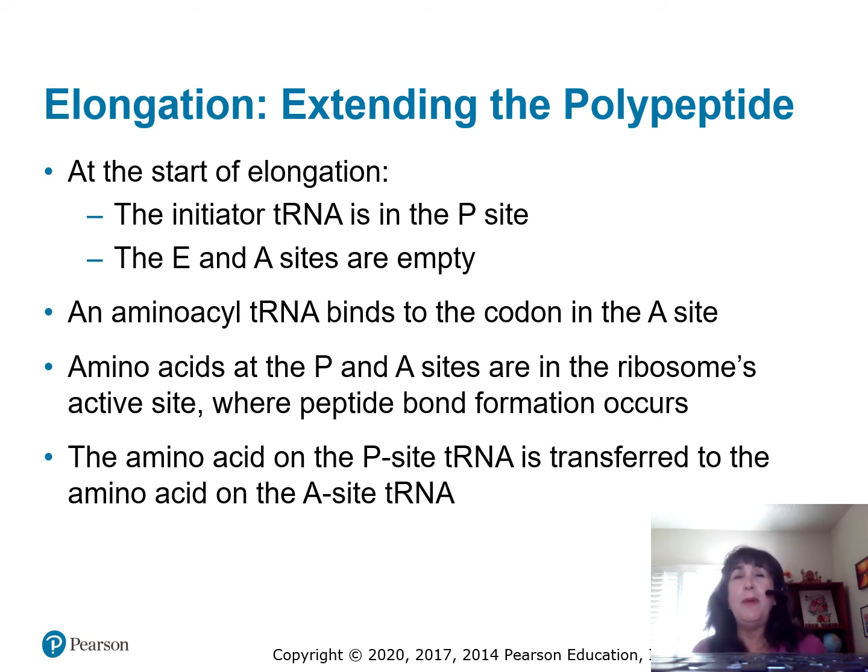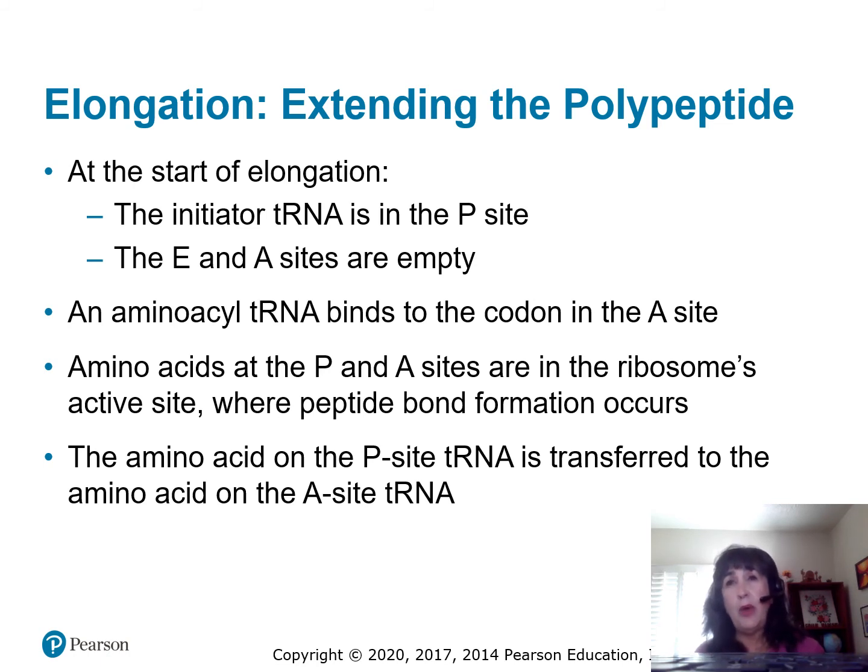Okay, so the next phase is elongation. What's happening in elongation? The ribosome starts to read messenger RNA in the 5' to 3' direction. As it's reading, remember, transfer RNAs will land on the messenger RNA because of the anticodons.